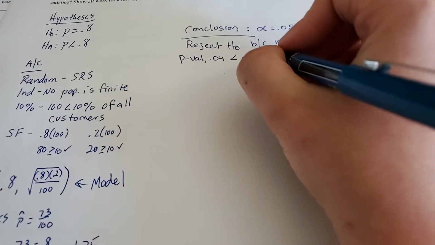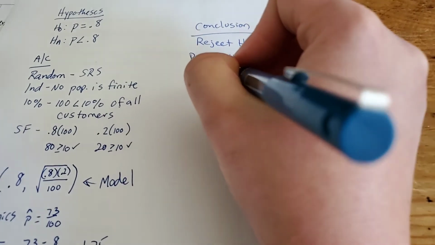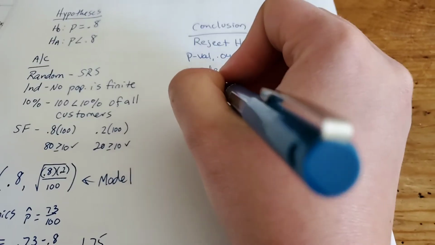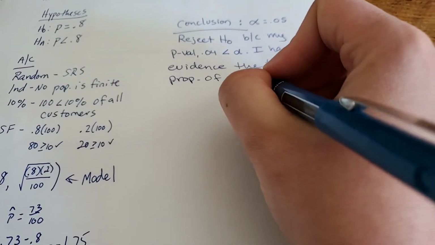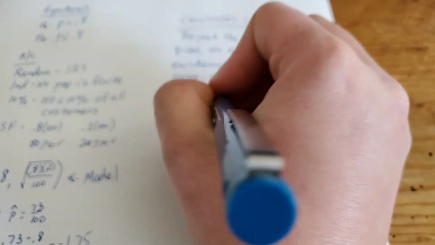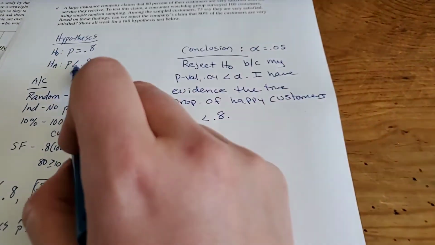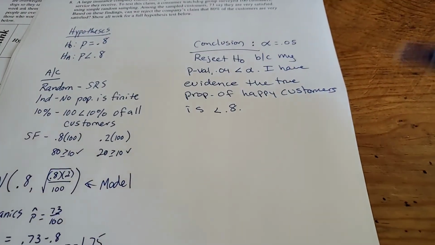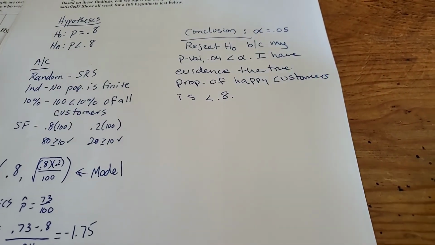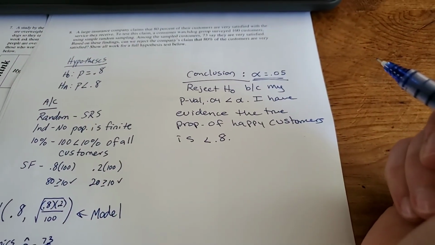So I have evidence the true proportion of happy customers is less than 0.8. I don't know what it actually is. I just have evidence that it's less than 0.8. So from now on, when you do a conclusion with a hypothesis test, always look at the p-value, and unless I say otherwise, always use an alpha of 0.05. Okay?